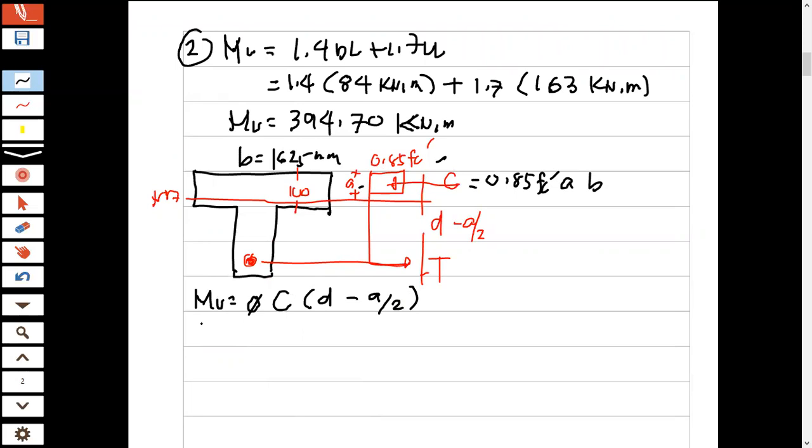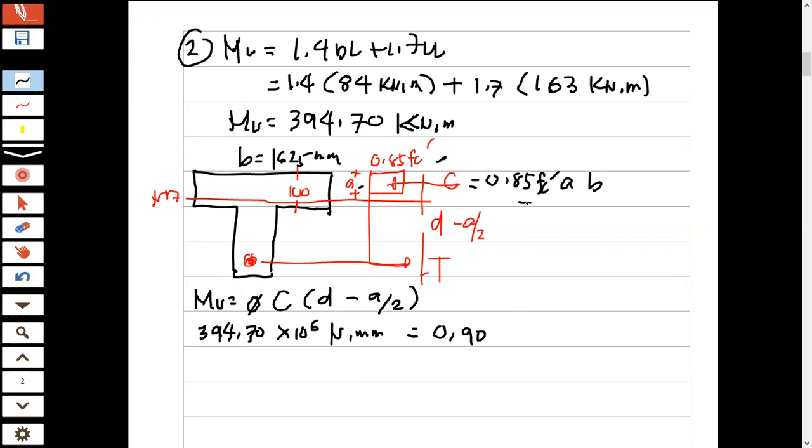We know that Mu is 394.7, which we can convert to Newton millimeter times 10 to the power of 6. The reduction factor for flexure is 0.9.